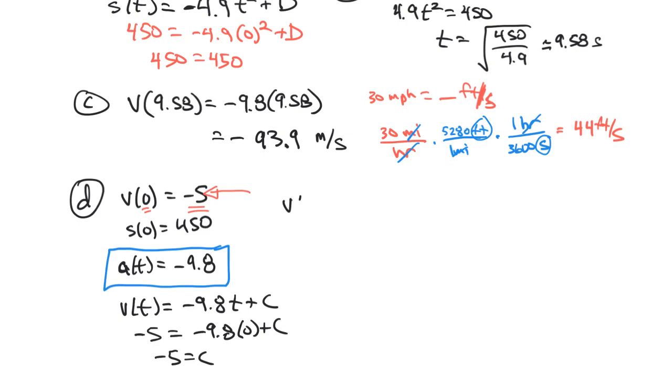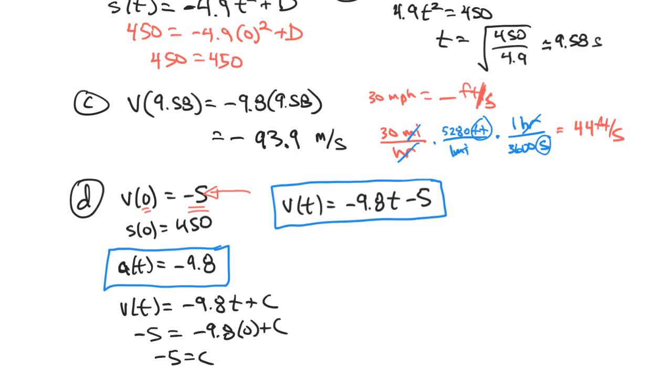So our velocity now is going to be -9.8t minus 5, right? Because we're improving on this one. Before c was 0, now it's -5. So now our velocity formula looks like this. It's got another term from what we had before.